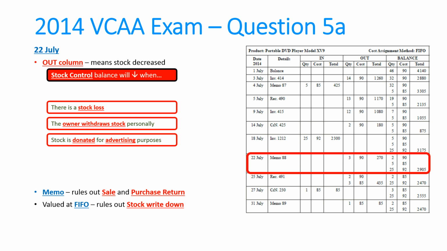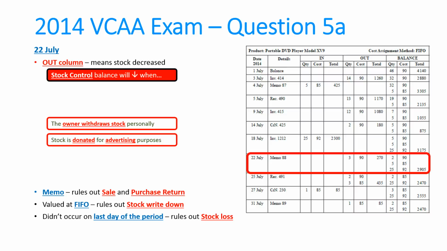Now if that's FIFO, that must mean we get rid of stock write-down, because a stock write-down is valued at the net realizable value. Now we're down to stock loss, the drawings or donations. We know it didn't occur on the last day of the period, so therefore it won't be a stock loss, for the same reason as the first transaction wasn't a stock gain.